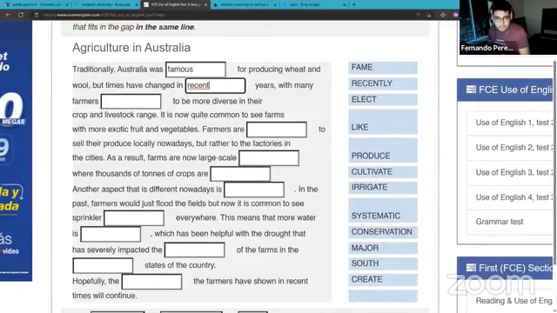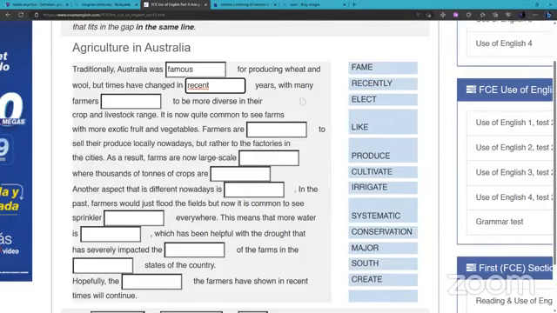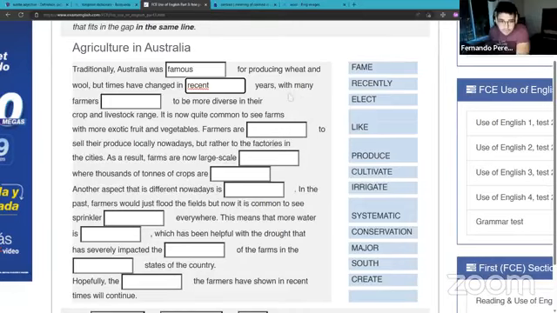Let me check the answer because Silvana is sending the answers on the chat. Let me check. Okay, so let's check with the next one. Okay, Jimena.